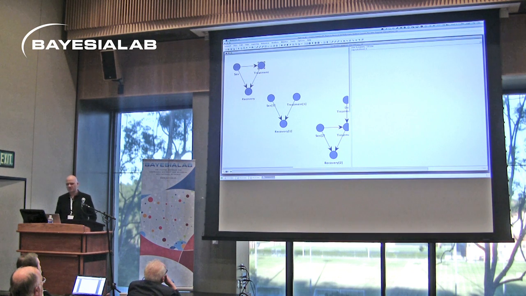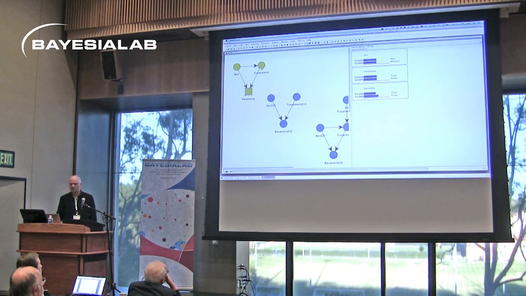So the Simpson Paradox, this is a very classical example. We have the treatment, the confounder is gender, and we have the efficiency of the treatment, the outcome.